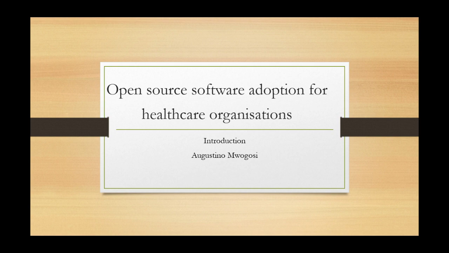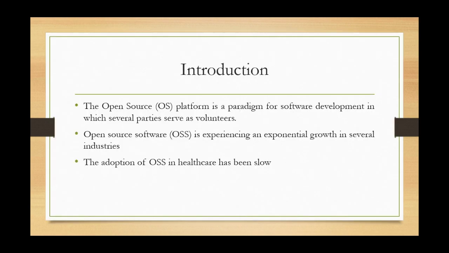As we know, we have what we call an open source platform. In fact, this is a new platform. It's a new paradigm for software development. In this case, software is developed by different groups that serve as volunteers in the whole process of developing software.